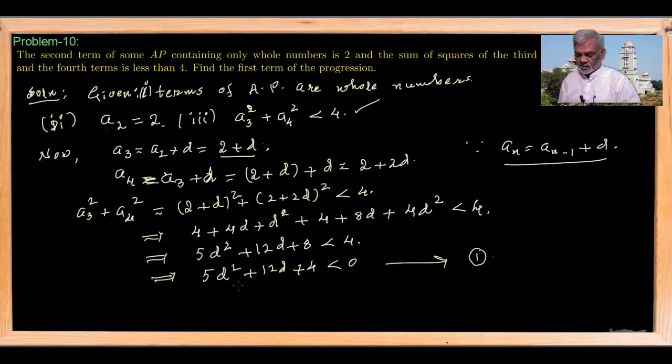Now we can take the left hand side, considering 5D square plus 12D plus 4 equal to 0. A quadratic equation, let me consider now.